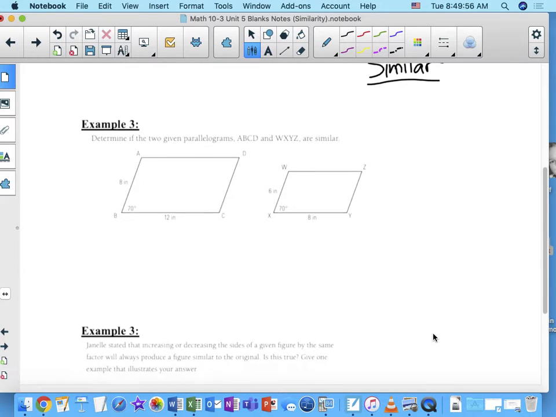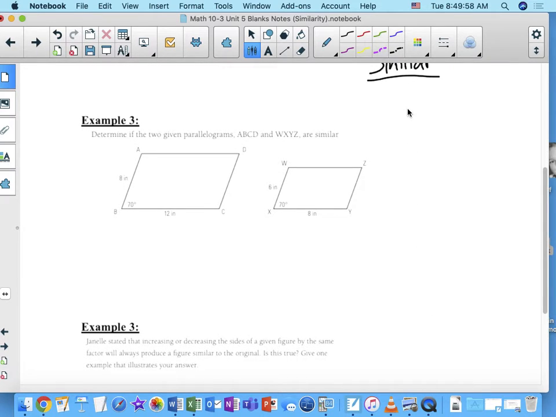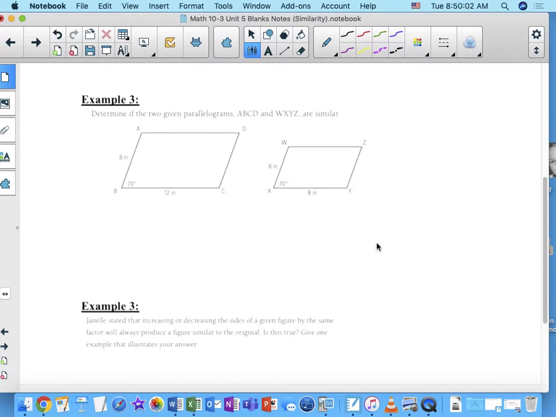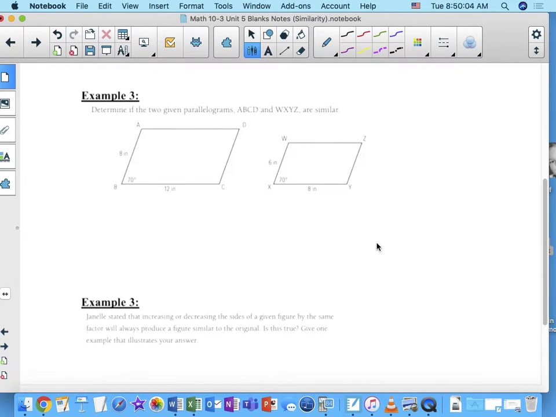Determine if the 2 parallelograms ABCD and WXYZ are similar. Okay, well, we have to bring in a little bit of what we know from parallel lines here. Parallelogram means these 2 lines are parallel, and these 2 lines are parallel. Okay, so we're told that this angle down here is 70 degrees.